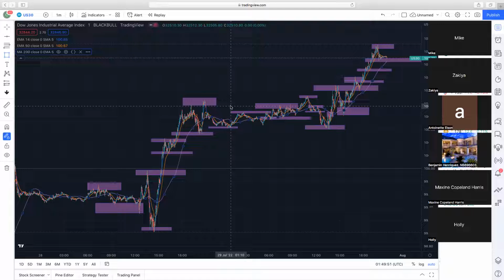No, but I did want to make a comment. It might explain what I was asking Karina the other day when we had the lot size discussion. I was using Eagle FX, and every time I'd use US 30 or the NAS, a 0.01 was like the equivalent of 0.1, so every time I placed a bid, it was just astronomical.